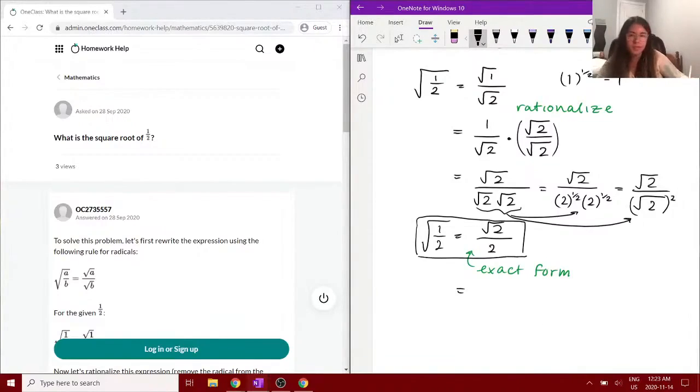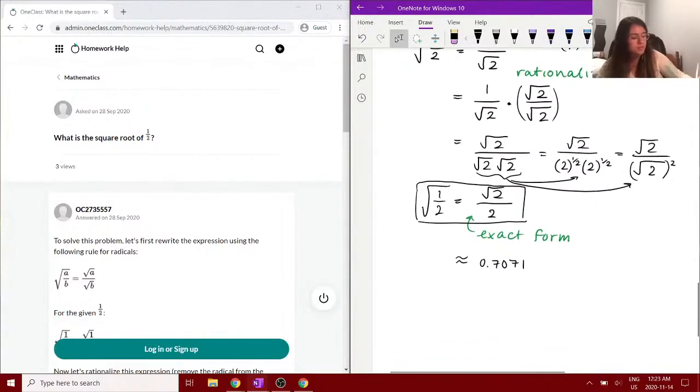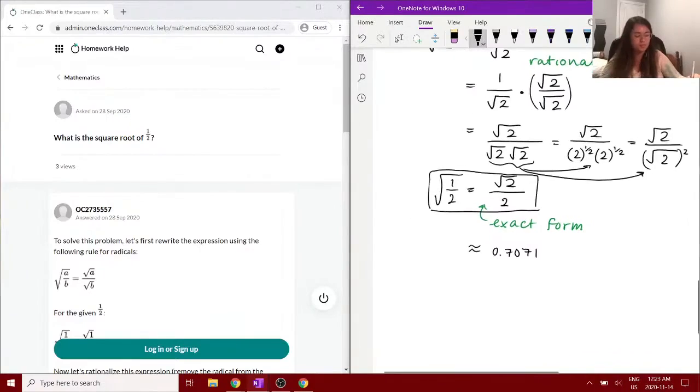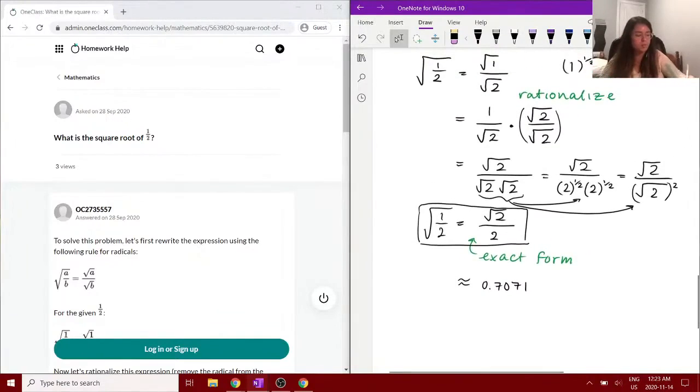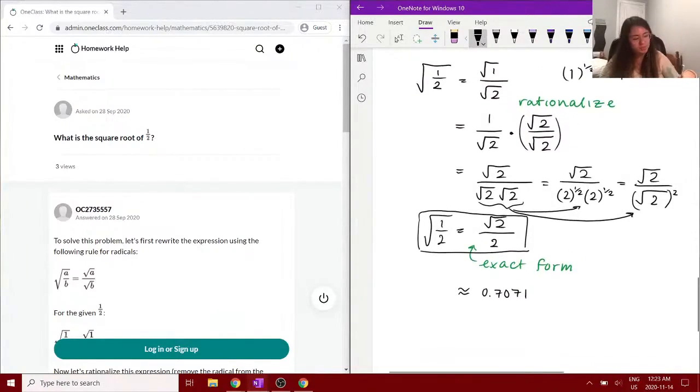Or if you want to plug that into your calculator, you get an estimated value. I say estimated because there are following decimals, but this is the evaluated answer. Approximate, that's what the squiggly lines mean.